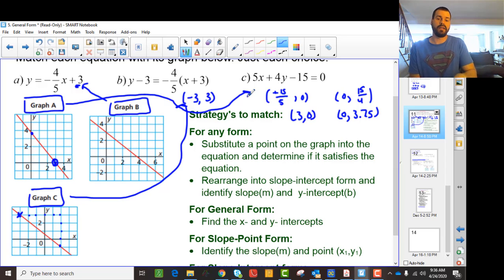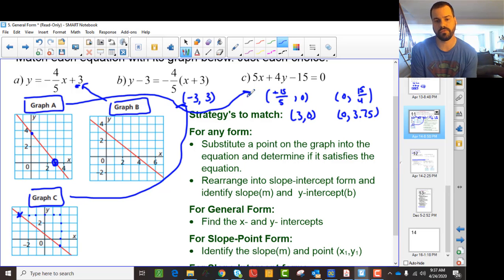So for any form at all, you can substitute a point on the graph into the equation and see if it works. Or you can always rearrange all of them into slope-intercept form. But the easiest way to do it is match it by, if you're in slope-intercept form already, look at the y-intercept first and then the slope. If you're in point-slope form already, identify the point and the slope and see if that matches.